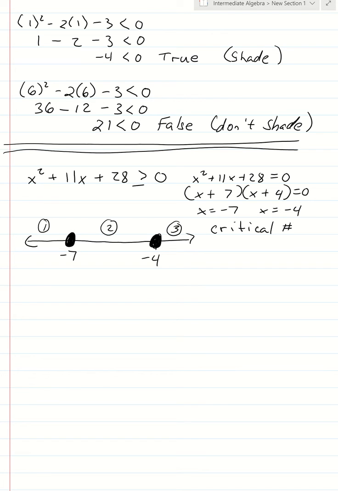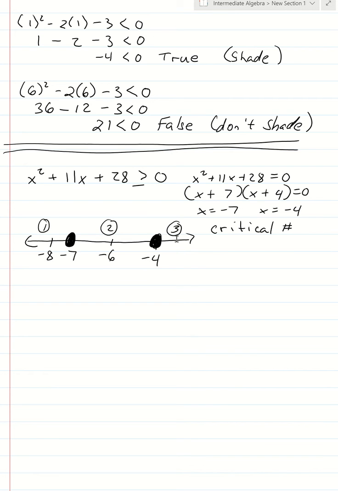And we want to, once again, pick some numbers, any numbers that fall within these regions. So let's say for region 1, I pick the number negative 8. In region 2, I need a number, any number that I want. Let's say I was to pick a negative 6.